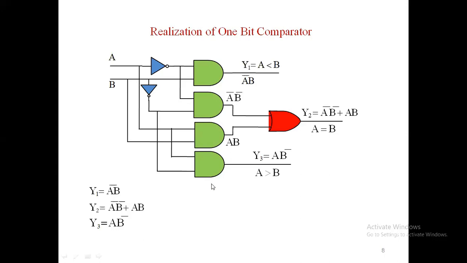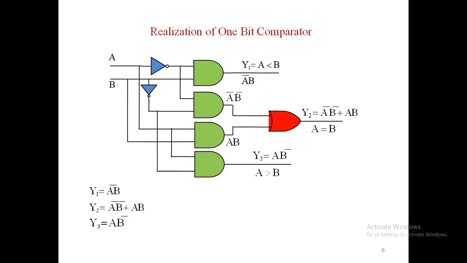So 0 into 0, anything, for an AND gate we can find out automatically. If it is 0 then automatically the result value is 0. Here also 0. So next here the A value is 1, B value is 0. So 0, 0, 0. So we have to pass these outputs as inputs to the OR gate. Here, what is the A equal to B value? That is the y2 value, 0.